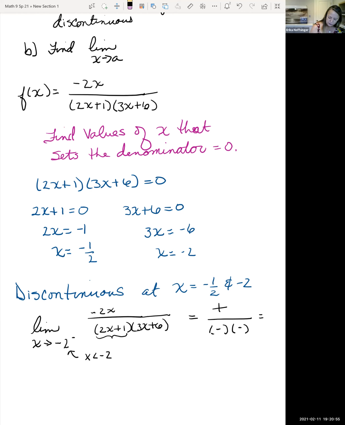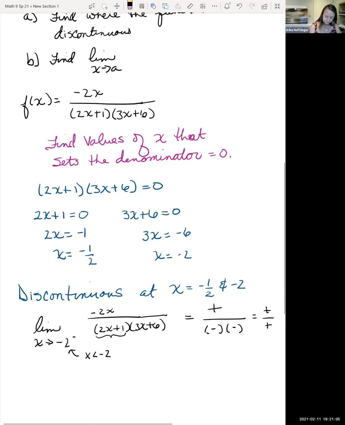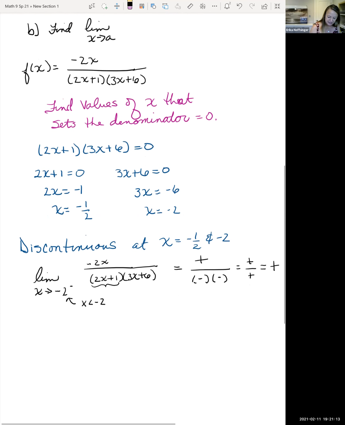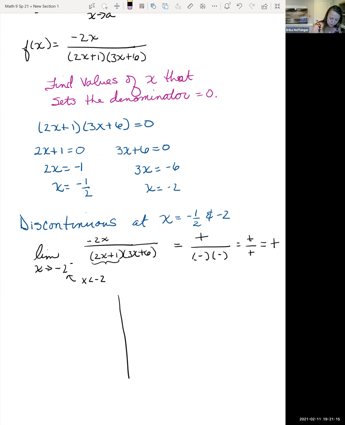And so using rules of multiplication, multiplying two negatives together is positive. And so if we have a positive number over a positive number, that's positive. So right now, graphically, I know what's happening on the left of x equals -2.